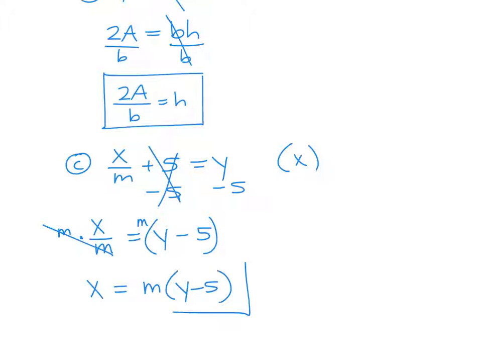You can't put m y minus 5. You could, if you wanted to distribute it, that's not wrong. You don't need to, but you could. You could put it at the back, yeah. Well, I just wrote it that way.